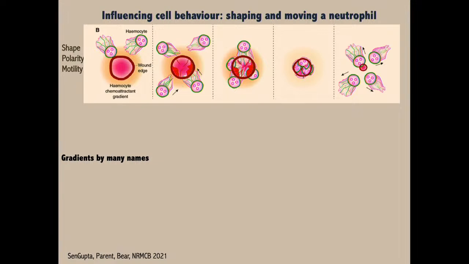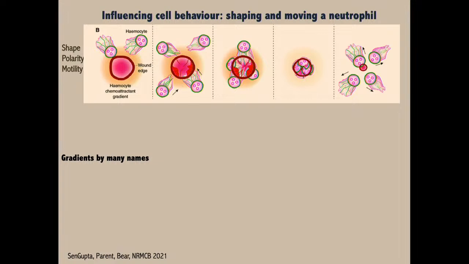What you'll see was responsible for that was the fact that these neutrophils, they're called hemocytes, but let's not worry about the name, actually migrated towards the wound shortly after the wound happened.